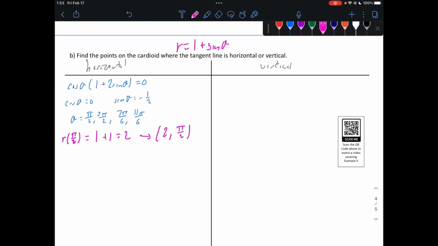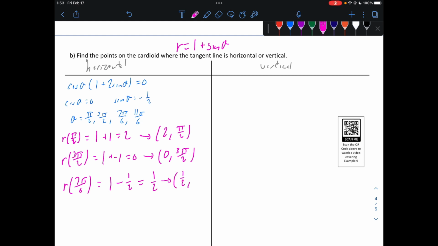All right, we'll do that 3 more times here. So r of 3 pi over 2, 1 plus negative 1, which is 0. So it would be 0, 3 pi over 2. R of 7 pi over 6, 1 plus sine of 7 pi over 6 is negative 1/2. So 1/2.